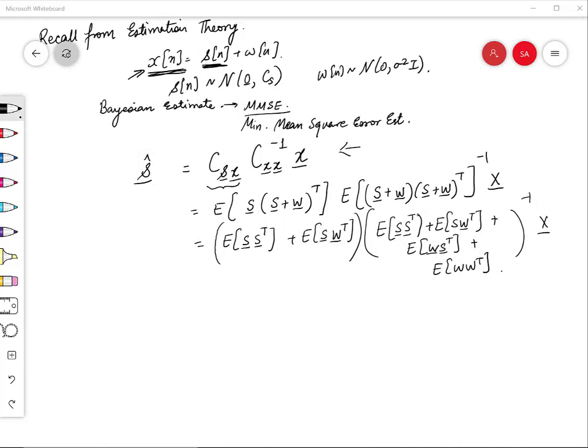And you can see here the s and w are independent of each other, so this will go to 0.